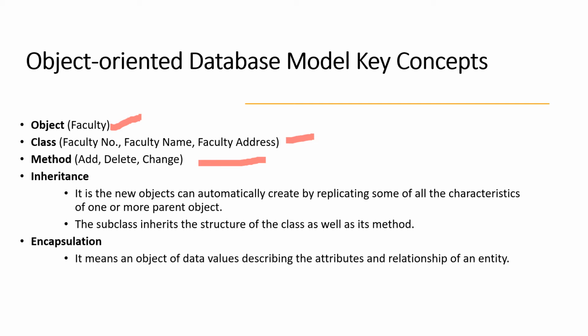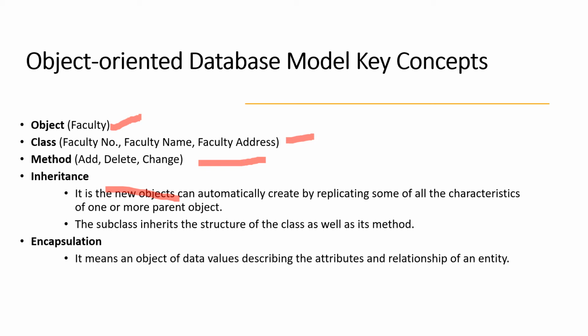Inheritance, if we say inheritance, it is a new object that can be automatically created by replicating some of the characteristics of one or more parent objects. So the subclass inherits the structure of the class as well as its methods.